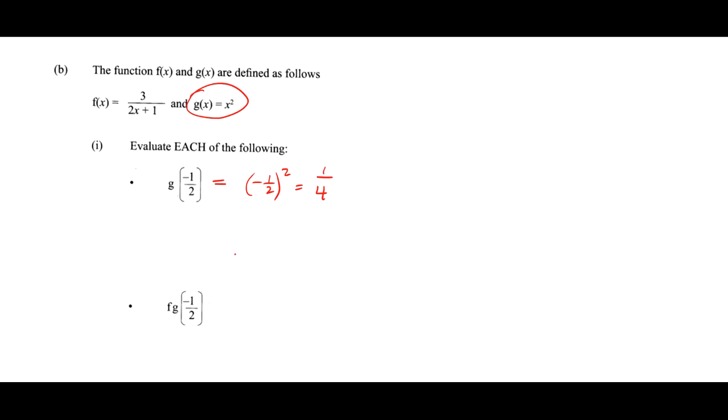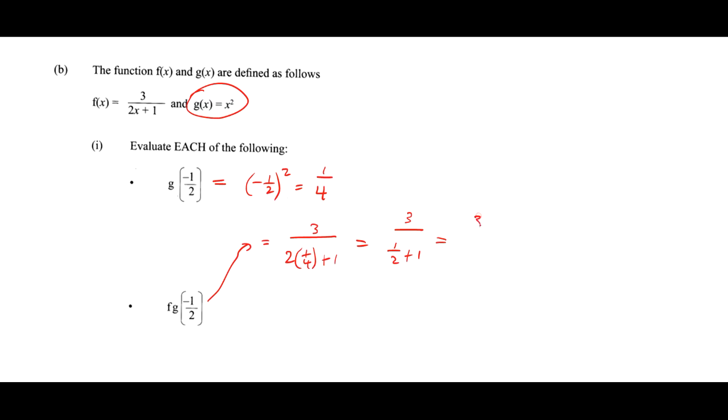Right, now the second one, this is a little trickier. It's a compound function, so we need to find g of minus a half first, which we worked out and we got a quarter. So what we need to do is to take the quarter and plug it into the function f now. So this is really equal to 3 over 2 by a quarter plus 1, which is equal to 3 over 2 multiplied by a quarter is a half, plus 1.